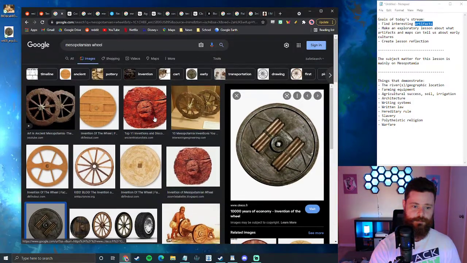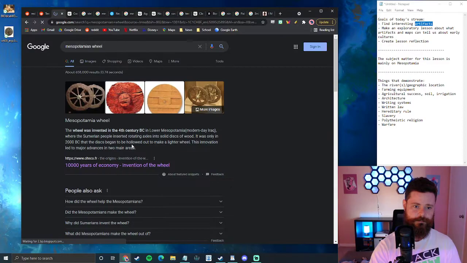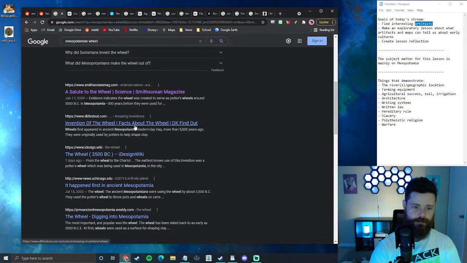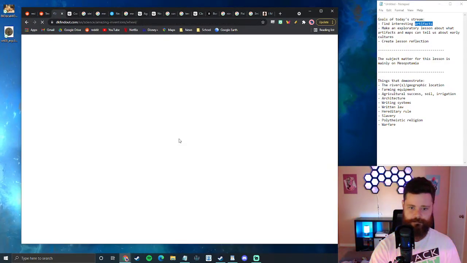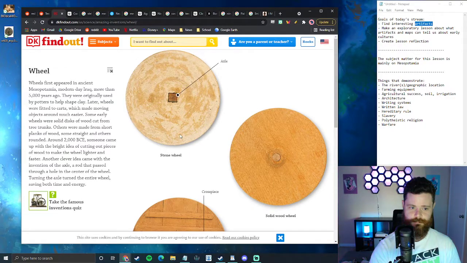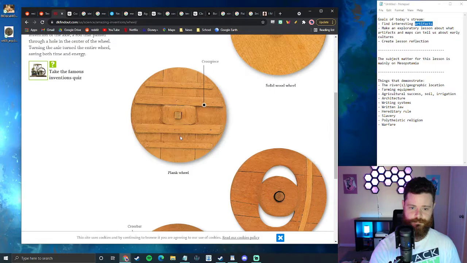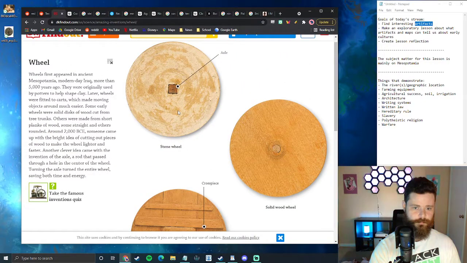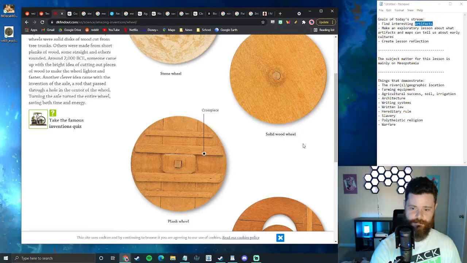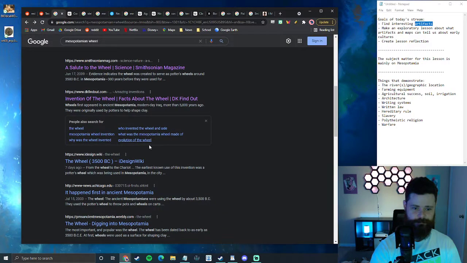So early Mesopotamian wheel. But is it explicitly saying that all of these came from Mesopotamia? I don't know.